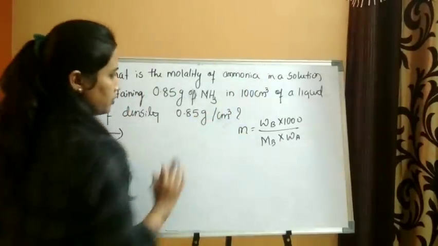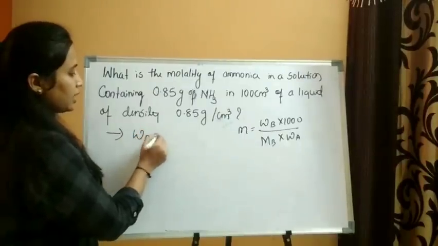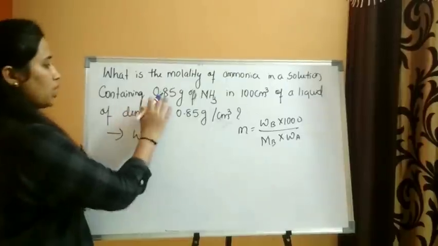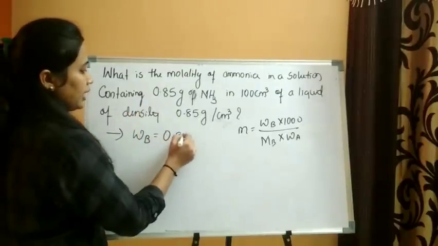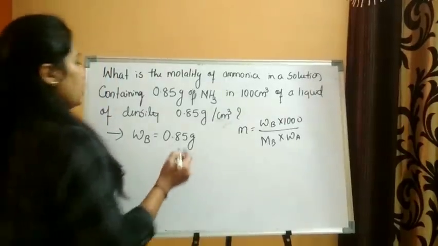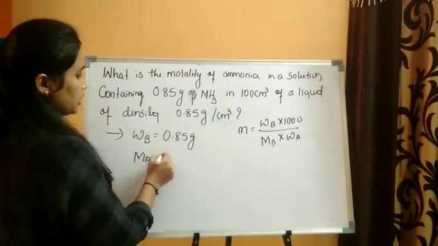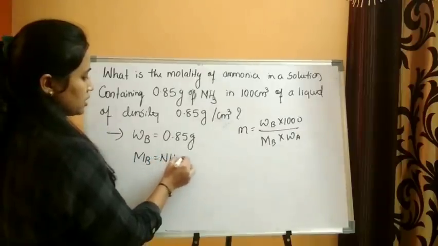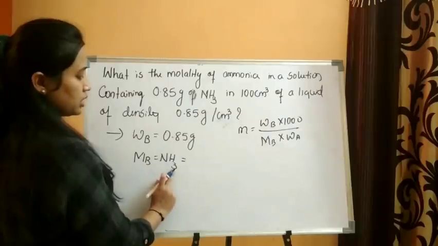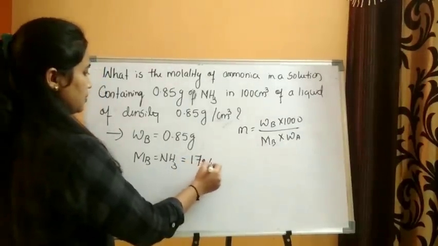According to the problem, WB, the weight of the solute, here ammonia, is 0.85 gram. Now, what about the molar mass of the solute, MB? Ammonia: nitrogen has atomic mass 14 and hydrogen 3, so 14 plus 3 is 17 gram per mole.